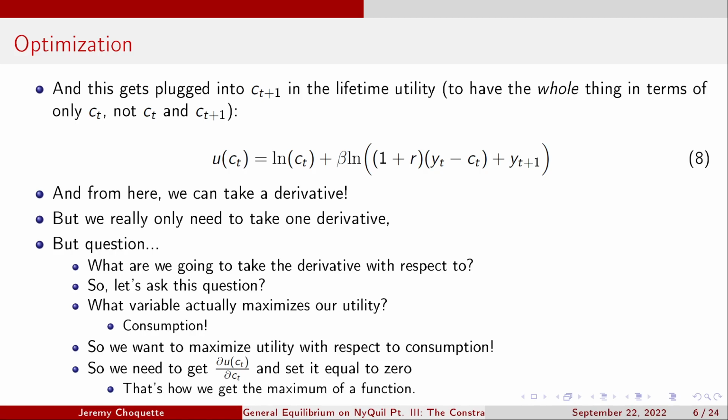That's how we get the maximum of a function. Remember, if you take the derivative of a function and set it equal to 0, you're getting either the maximum or the minimum. Typically, you would have to check your second order conditions, but here you don't really need to worry about that because I'm promising you that you will be getting a maximum.